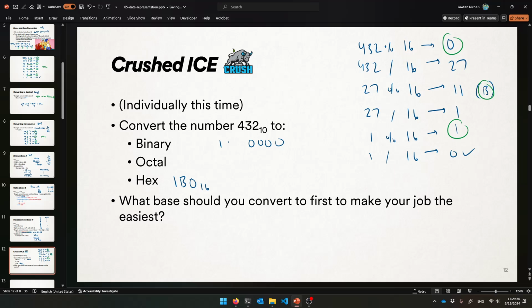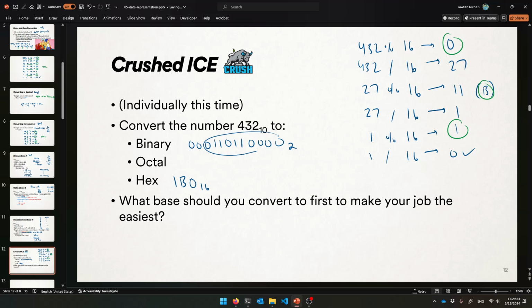So that's 8 plus, not 4, but plus 2. That makes 12 so far. No, wait, excuse me. 8 plus 2 is 10, plus another is 11. So that's 1, 0, 1, 1. Cool. And then what is 1 in hexadecimal, 4 bits wide? That's just 0, 0, 0, 1. So that's the answer. That's the binary answer.